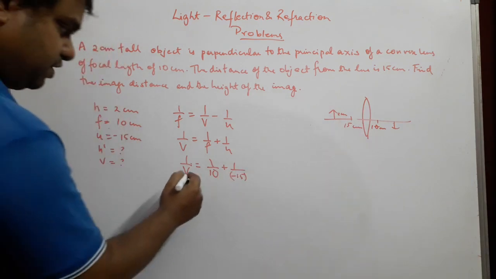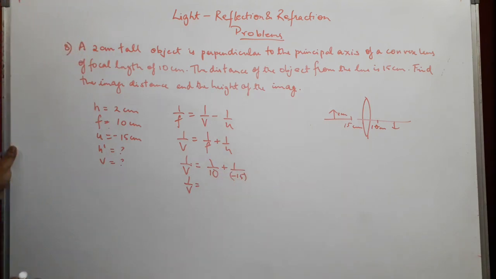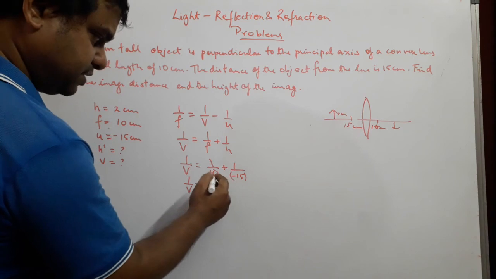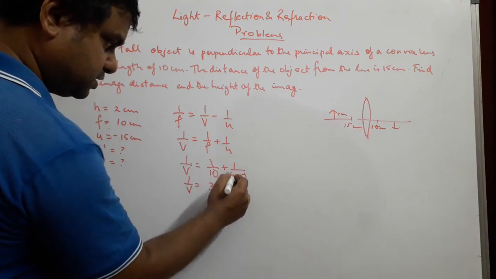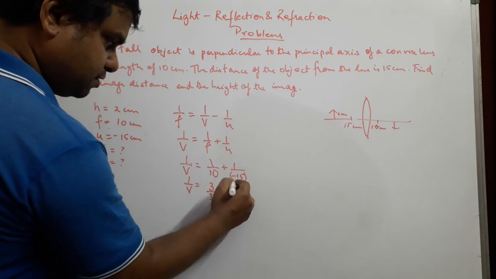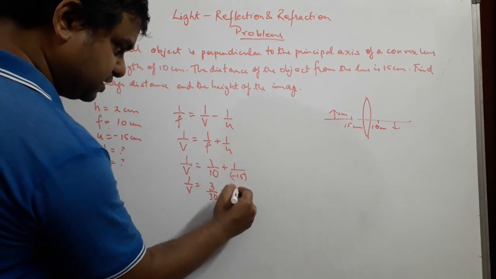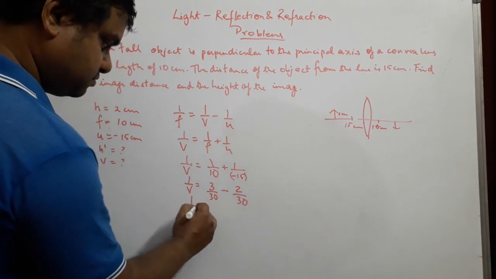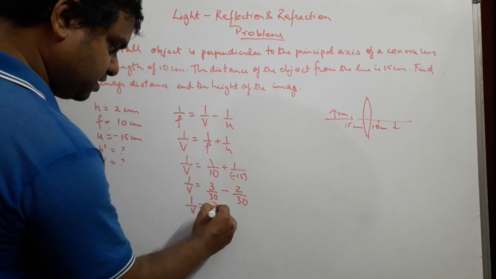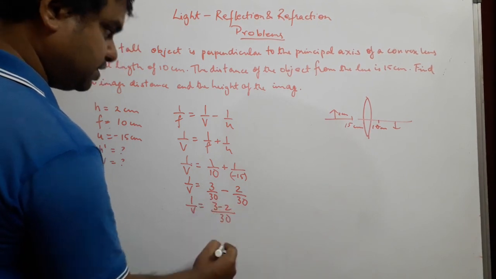Now we need to take the LCM between the two, and the LCM will come as 30. So this would be 3 upon 30 plus, since the minus sign is there, minus 2 upon 30. Since the denominators are the same, we can directly subtract: 3 minus 2 upon 30.